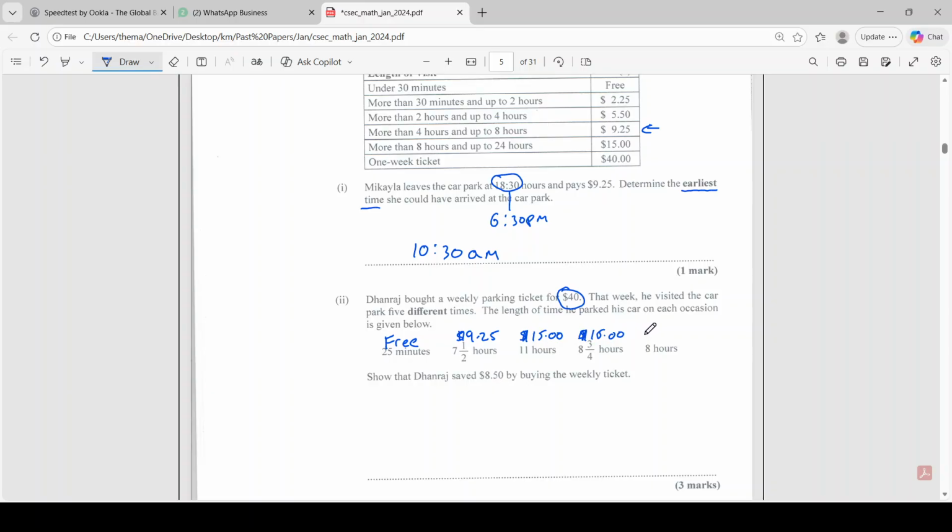And then 8 hours is exactly 8 hours, so that is $9.25, as this goes up to 8 hours.